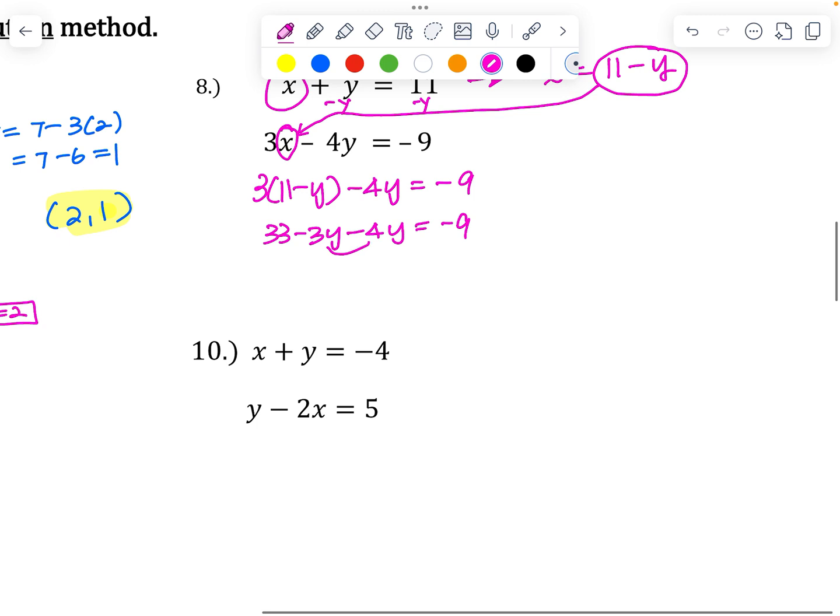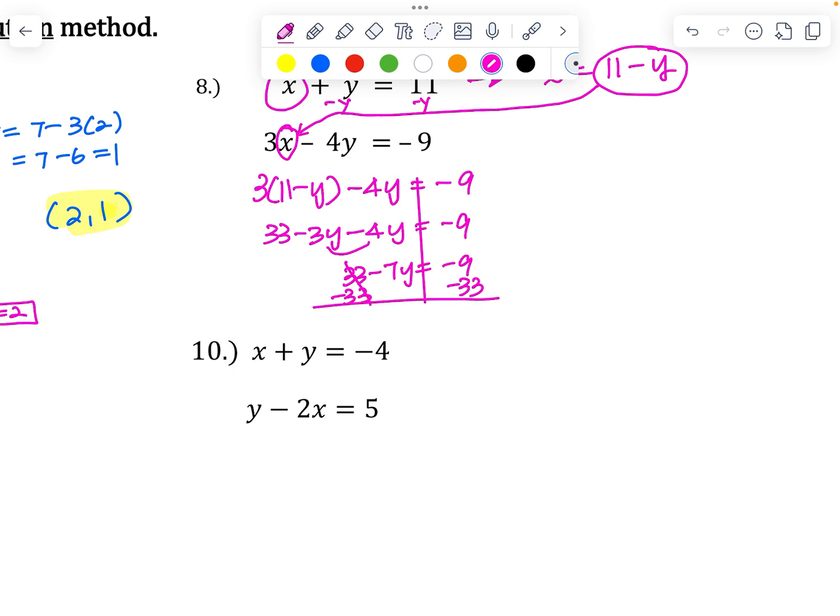We add those because they're the same signs. It's 33 minus 7y equals negative 9. Subtract 33 on both sides. I get negative 7y equals negative 42. Divide by negative 7 on both sides, I get y equals positive 6.